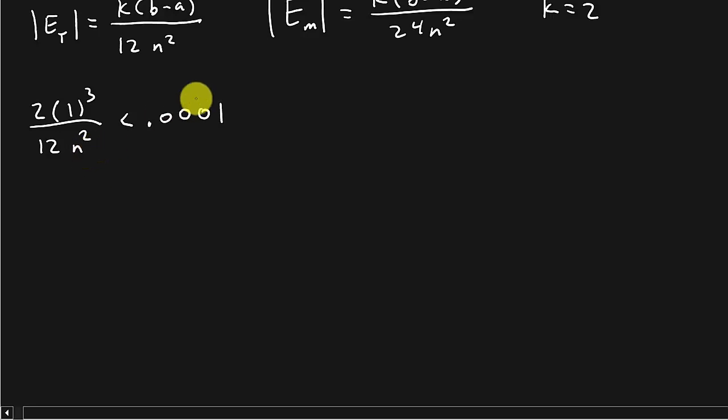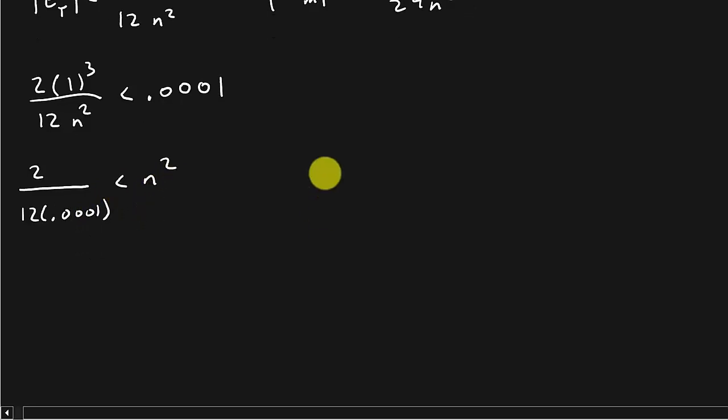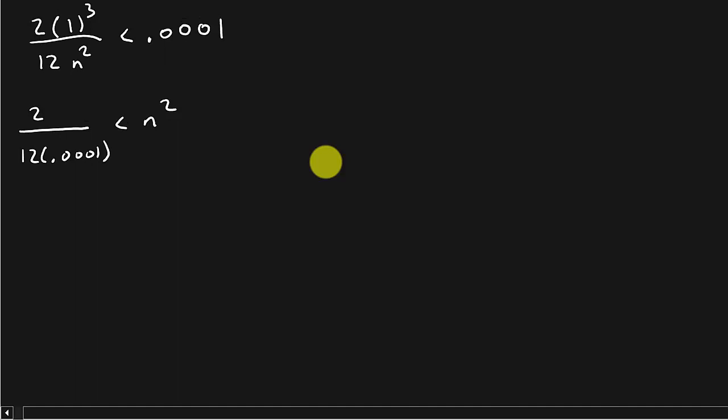Well, I guess we can move the n squared up here and the 0.0001 down here. So that's going to be 2 over 12 times 0.0001 less than n squared. See that? And so I have n is greater than the square root of 2 over 12 times 0.0001.